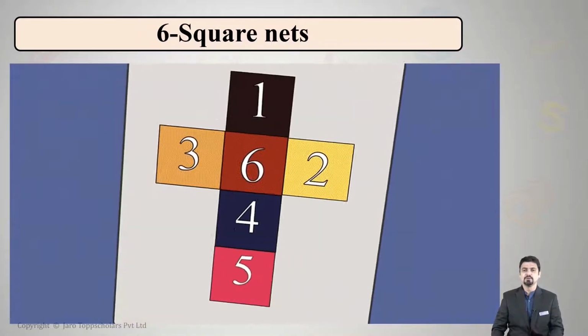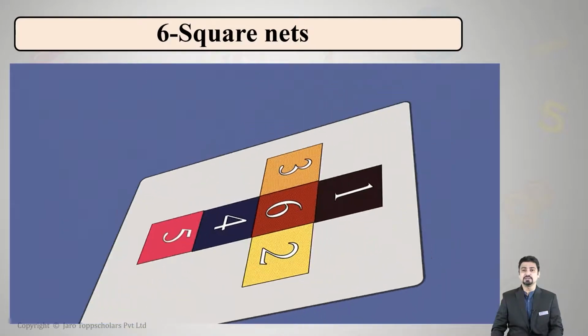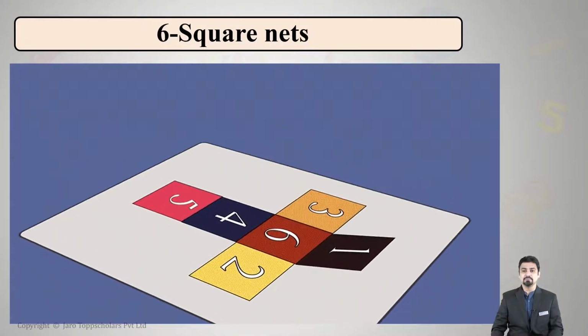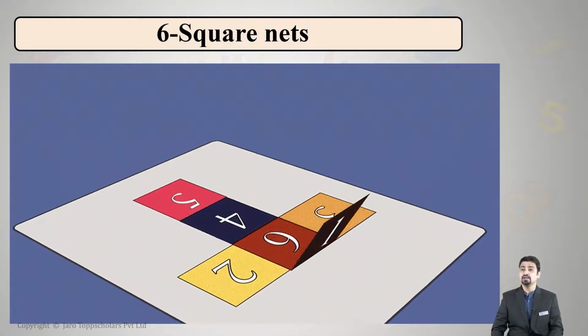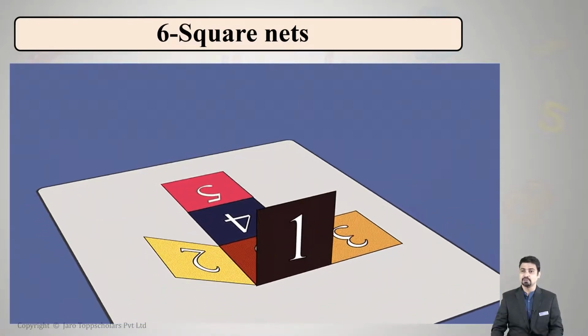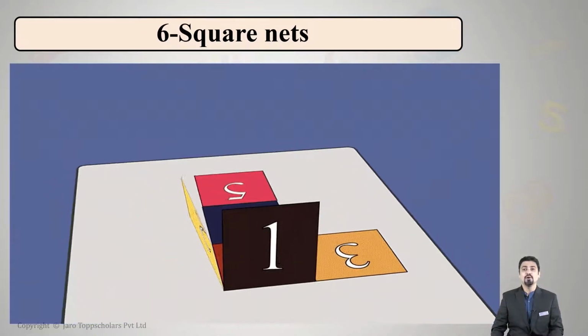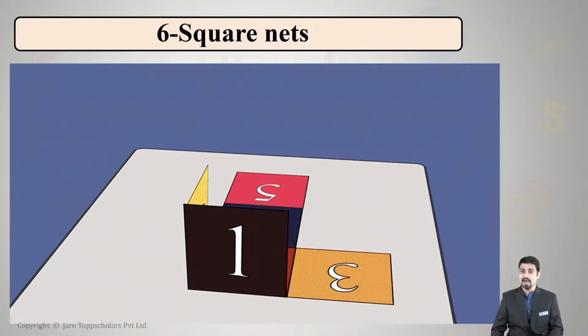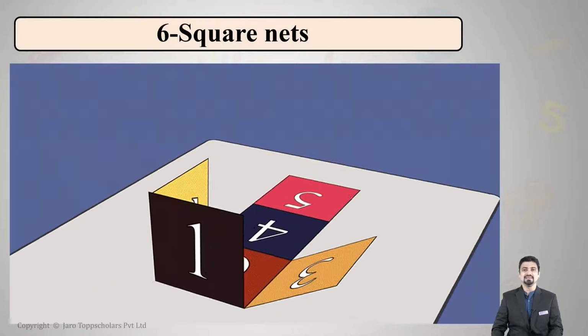Let's look. This 6 square net is kept horizontal. We fold square number 1, followed by square number 2, followed by square number 3.